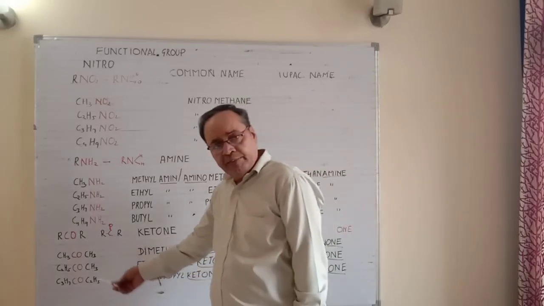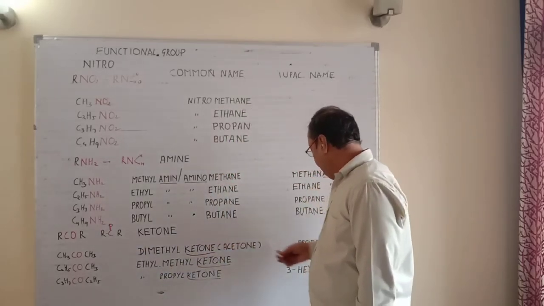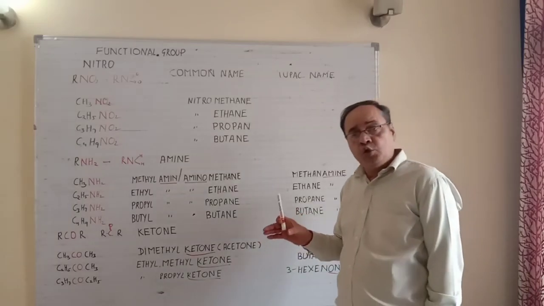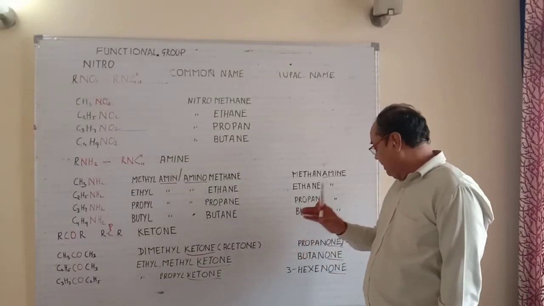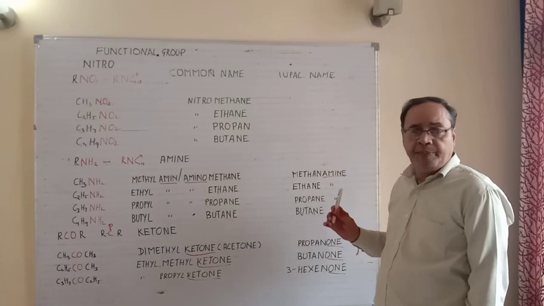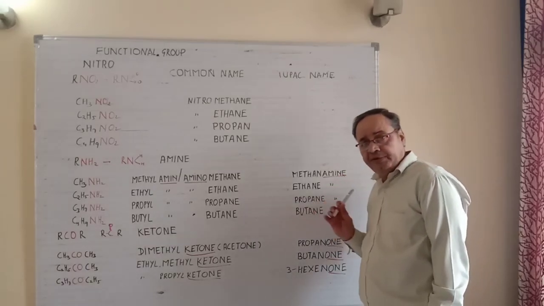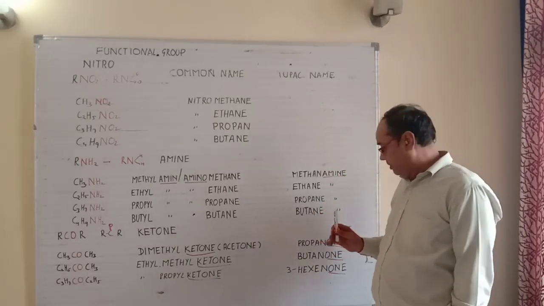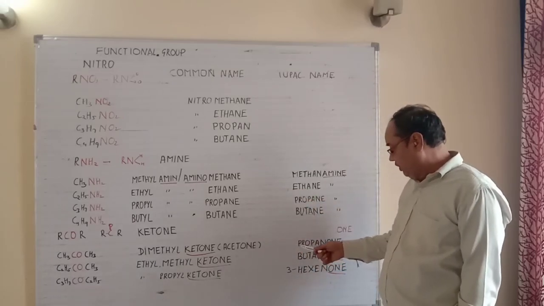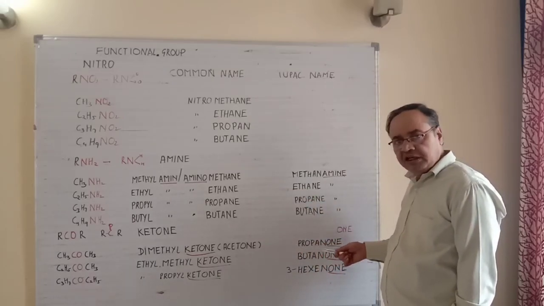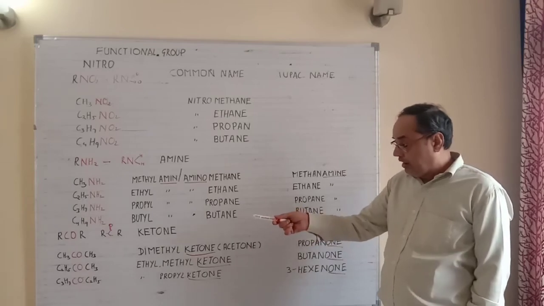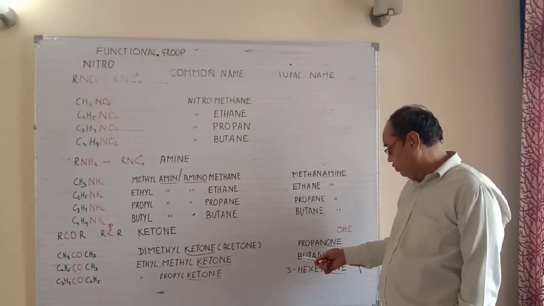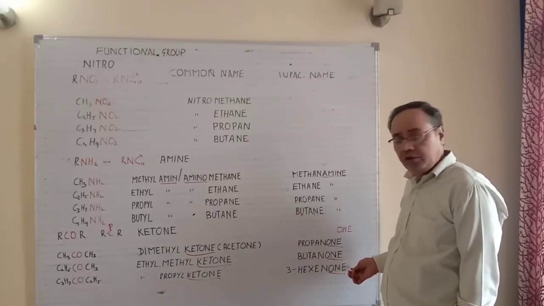So again, alphabetical order. And in this case, you have to count the total carbons and give the "one" word as a suffix with the total carbons. So total carbons are 3. So propane plus one, that is propanone. Same way, total carbons are 4. So butanone.